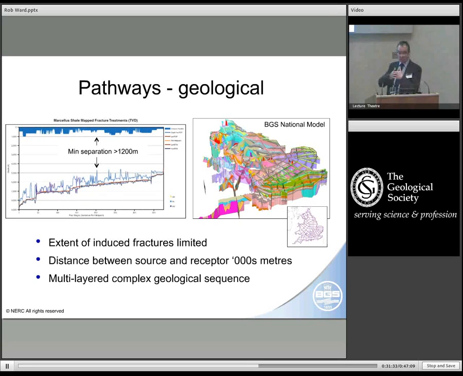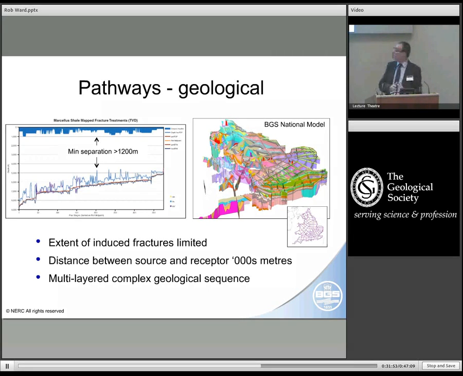So we can look at the relative locations of shale, horizons, and overlying geology, and also the position of aquifers. And so we're working on trying to better characterise the pathways in the subsurface between potential shale plays and overlying aquifers.